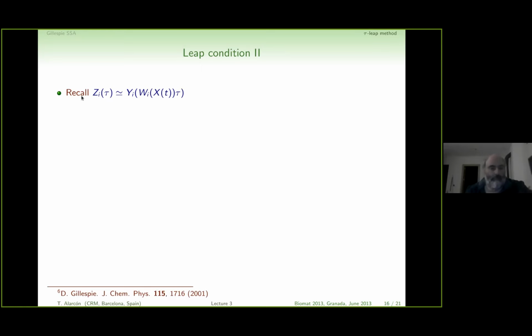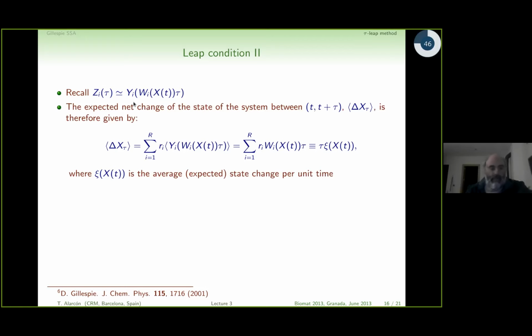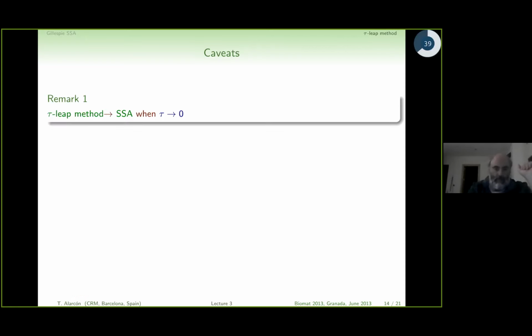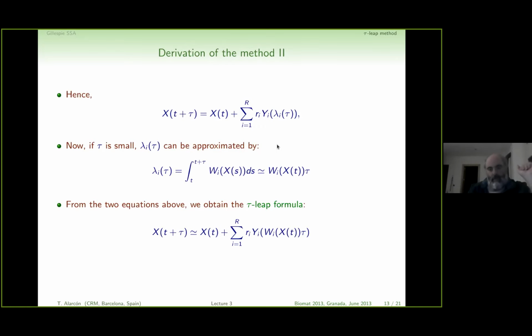Okay, so now, first of all, recall that we are approximating this advancement coordinate by a Poisson variable with parameter lambda equal to w_i multiplied by tau. In order to keep this approximation under control, we need to make sure that the change in the variable is not very big.